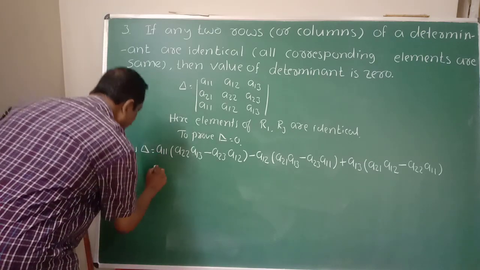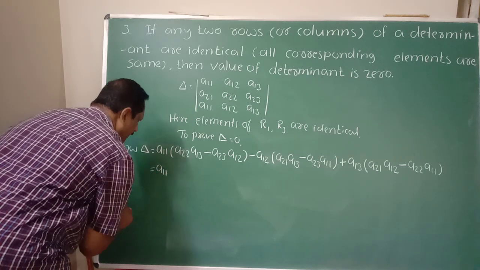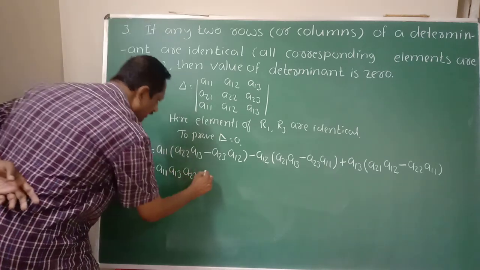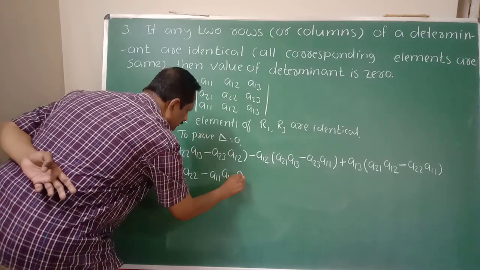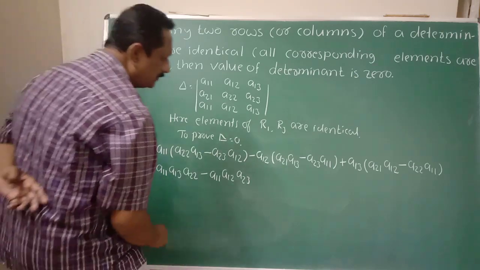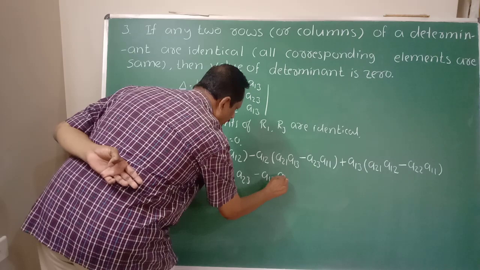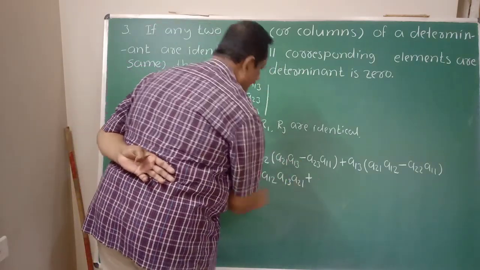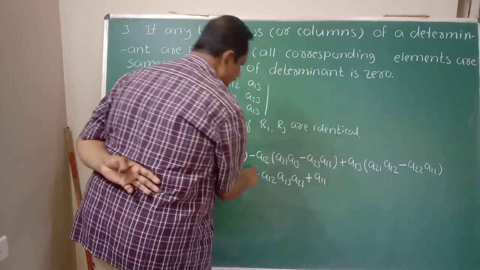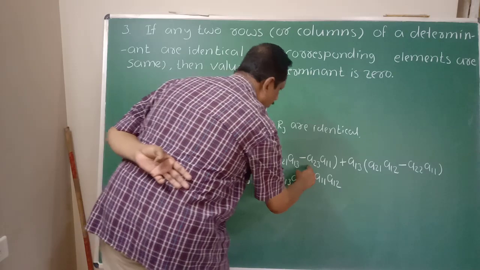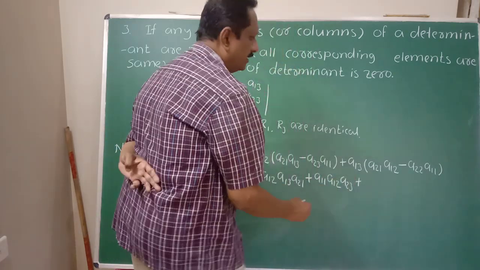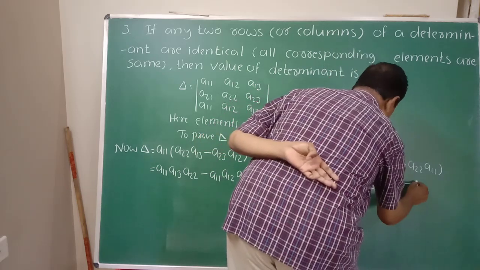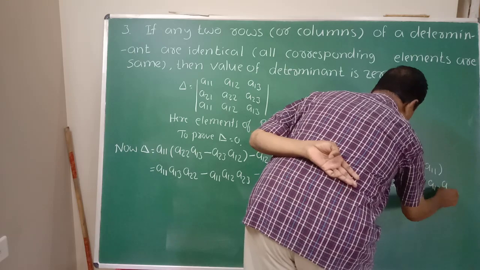Now take A11 inside. So A11 A13 A22 minus A11 A12 A23, minus of A12 A13 A21, minus into minus plus, then A11 A12 A23, then plus A13 A12 A21, minus of A11 A13 A22.